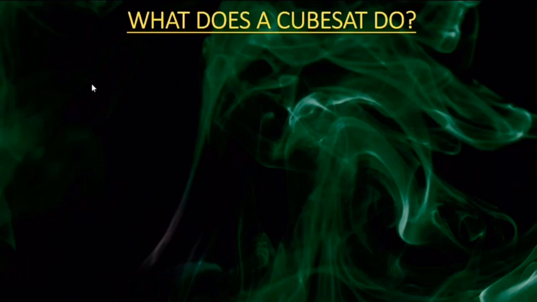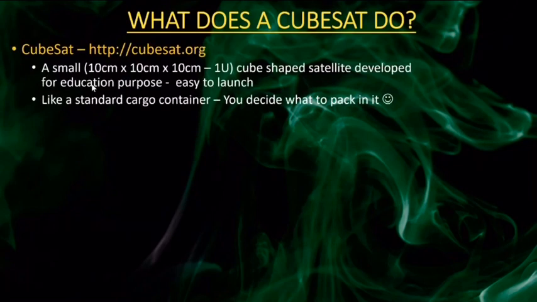So what does a CubeSat do? The very basic definition of a CubeSat is a cube-shaped satellite standard which supports the learn-by-doing philosophy for students. You can get more details on cubesat.org. One U of this CubeSat standard is a 10 centimeter cube, and 2U, 3U, and even 12U are also possible with slightly larger dimensions.